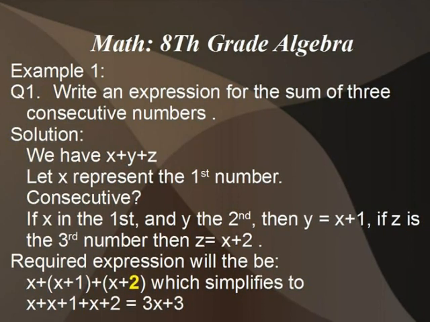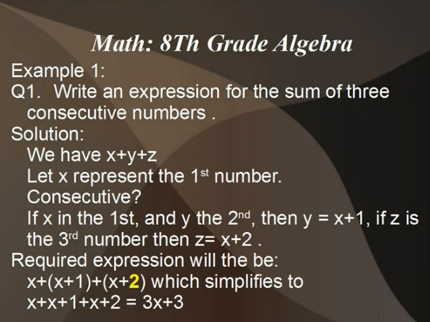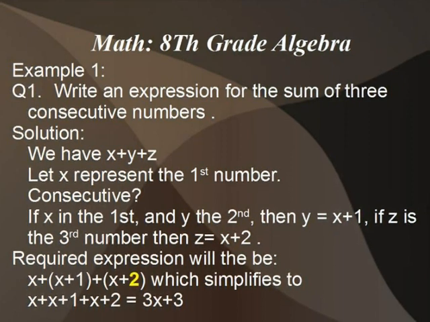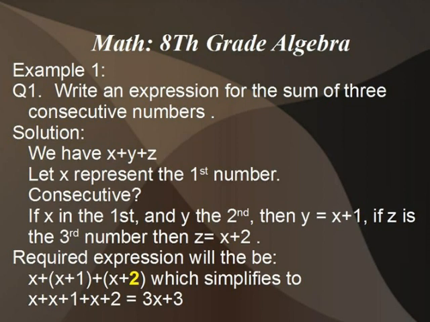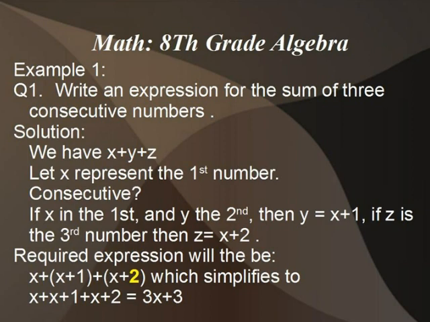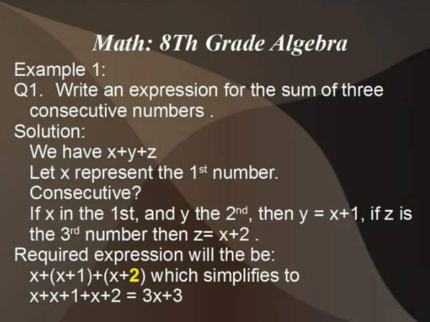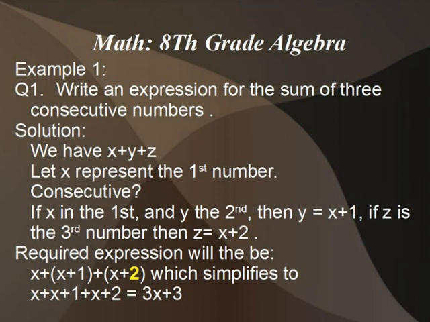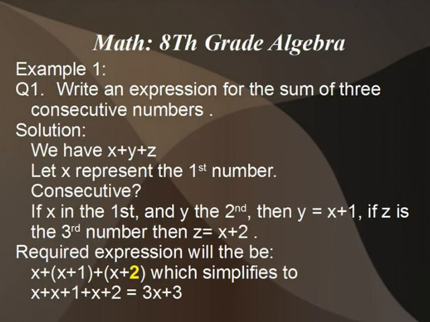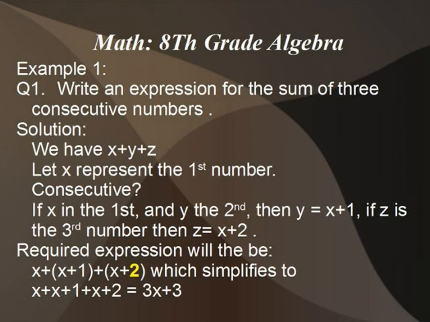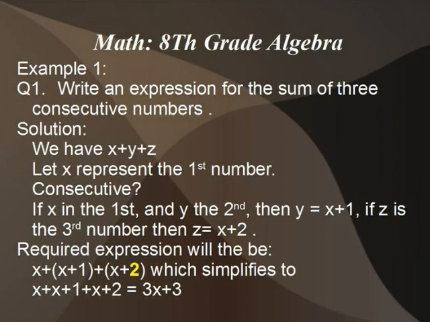So you see, we can say if the first number is x, and the second number is y, then y is just x plus 1. And it follows that z will be what? x plus 2, because it's the second number after x. So the required expression will be x, x plus 1, and then x plus 2.